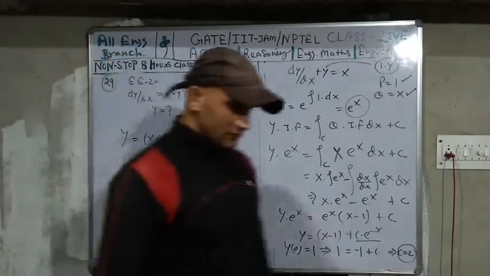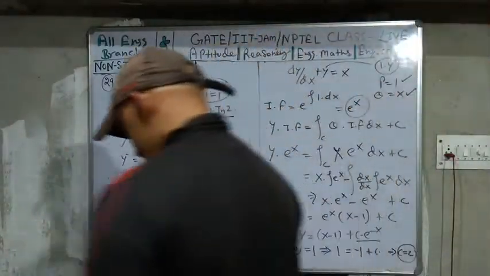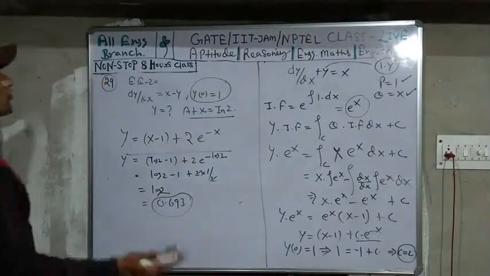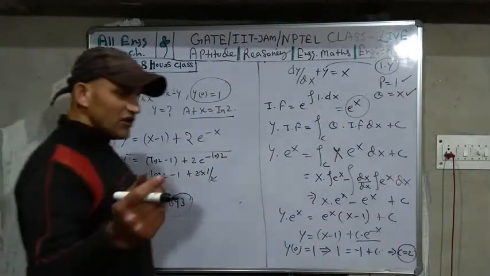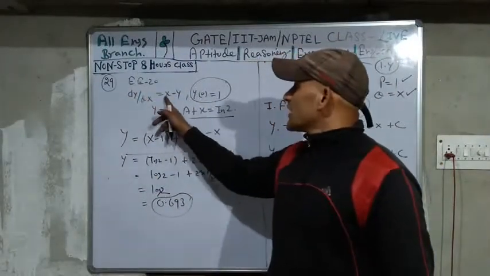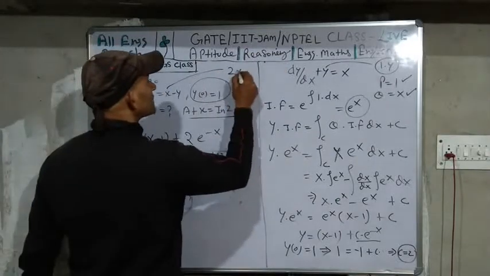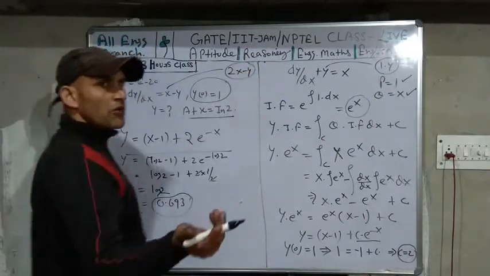Some students sent me a message: please write, in place of dy by dx equal to x minus y, 2x minus y. Okay, no problem. If in your exam they have written 2x minus y, so what is the problem?